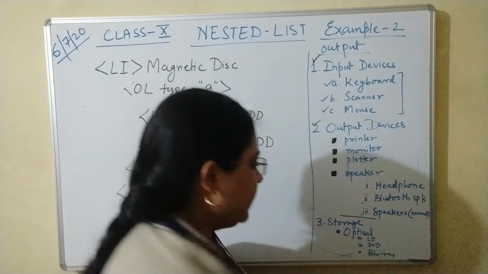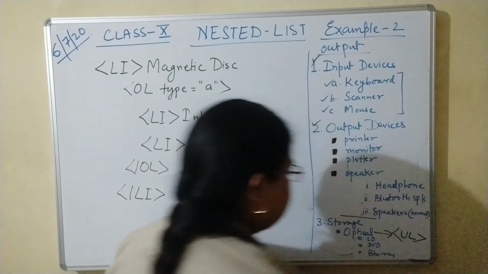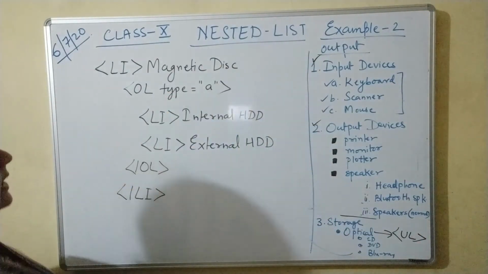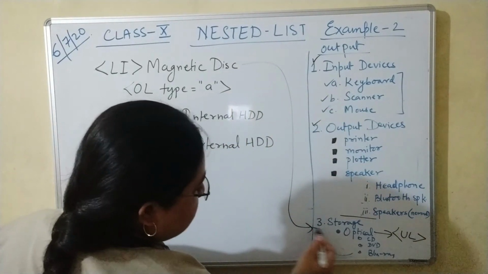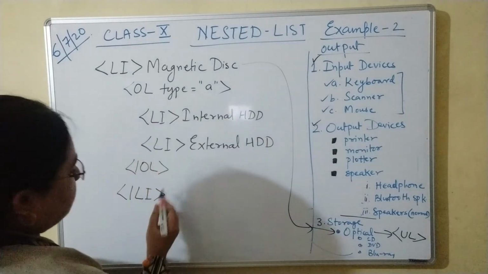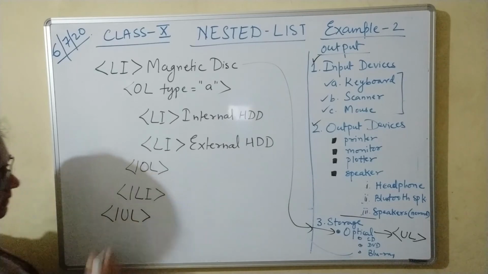If you remember, we had started this with a UL tag, because you can see a bullet over here. And this magnetic disk is the second item of this UL sublist. Hence what we need to do is first close the UL tag for that sublist.